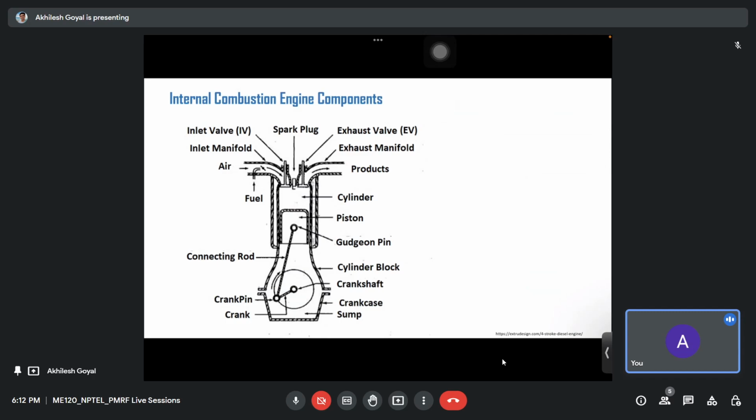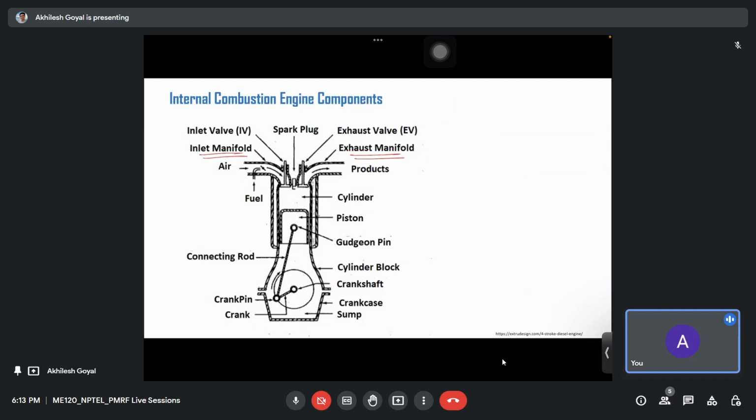So it consists of inlet manifold and exhaust manifold. From inlet, air or air fuel mixture goes inside the cylinder, and through the exhaust manifold the combustion products or combustion gases come out from the cylinder.